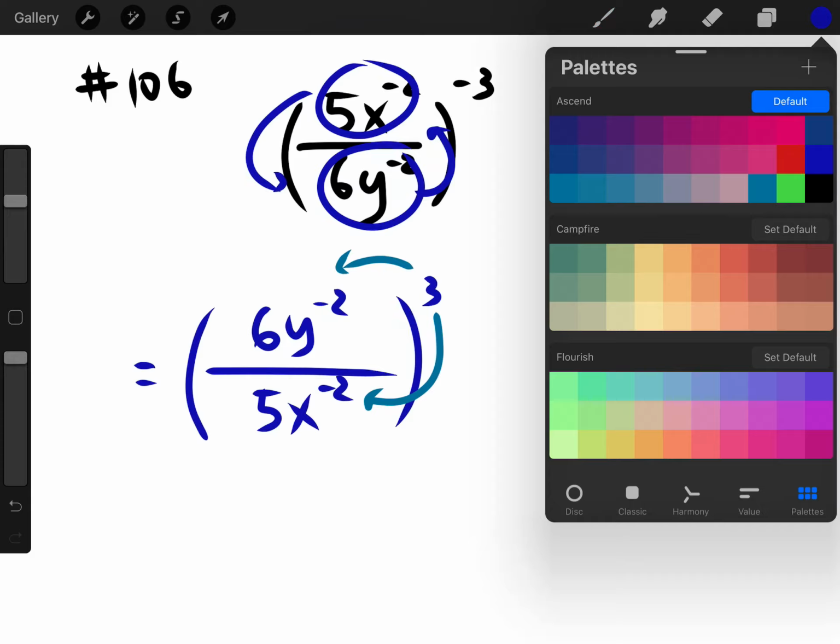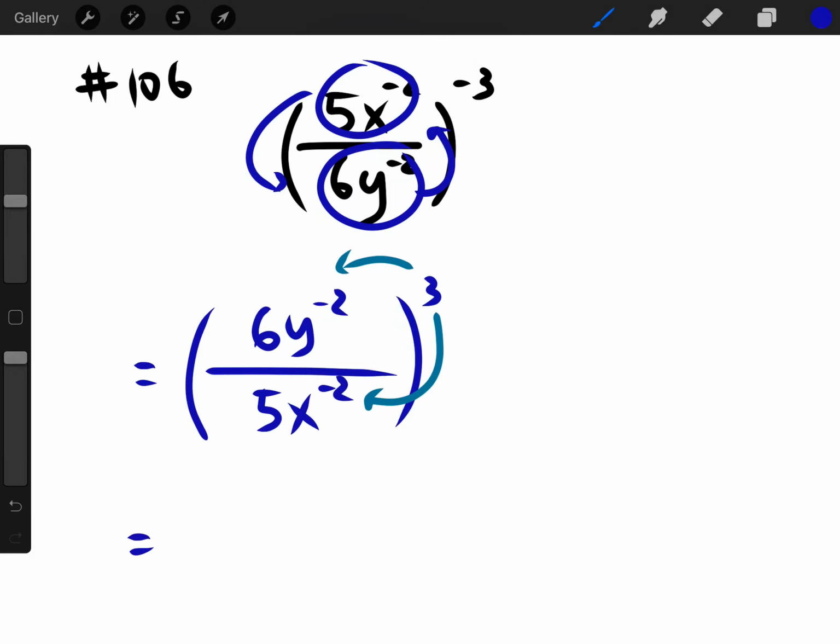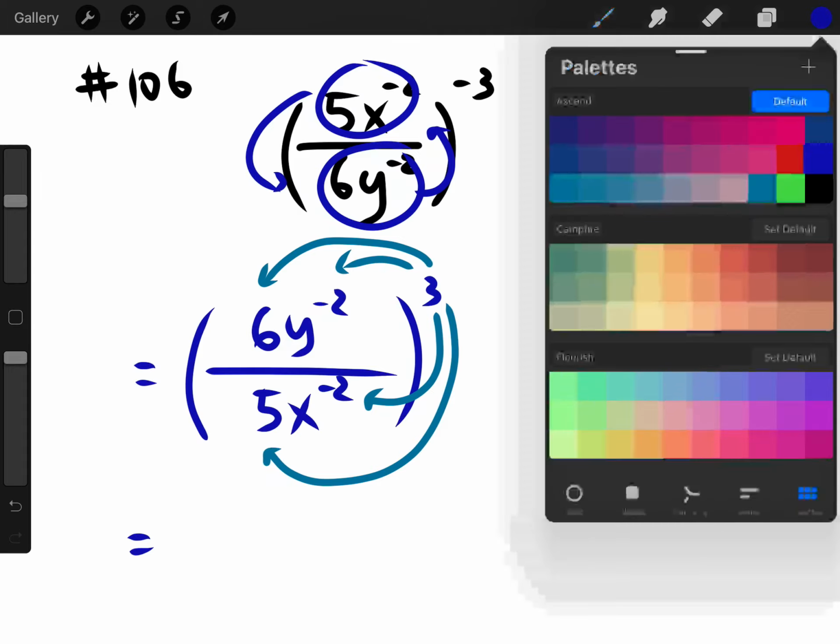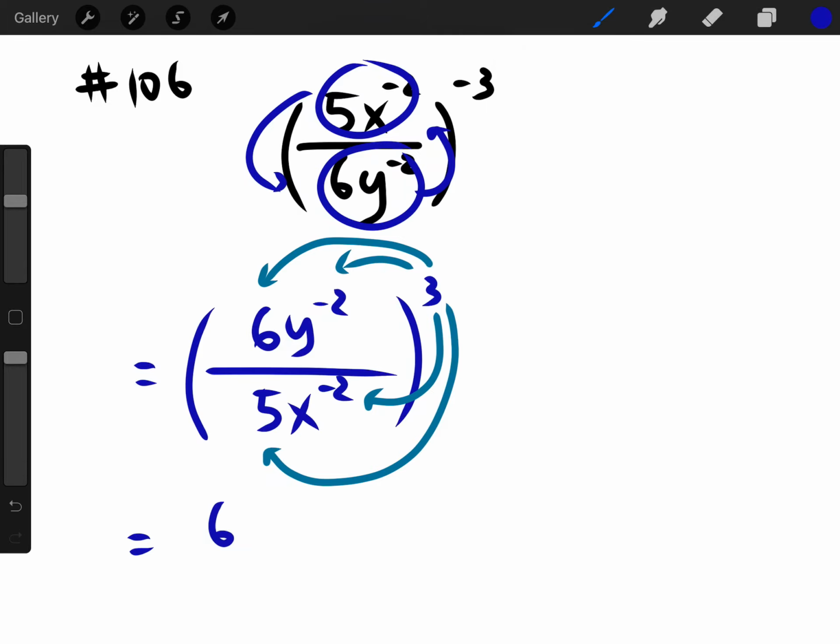Oh, sorry, it's going to be distributing to the coefficient as well. So this is what you do: 6 cubed y to the negative 6 over 5 cubed x to the negative 6.